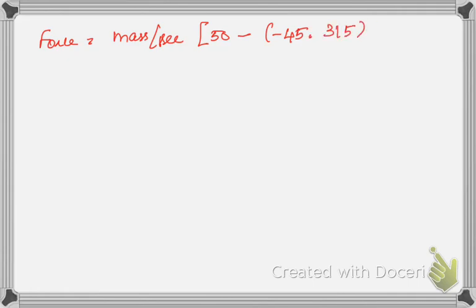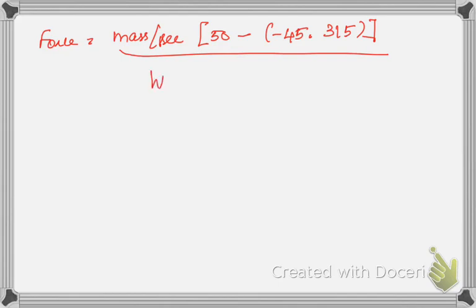Next, we have to determine our force. Force is equal to mass per second into initial velocity minus final velocity. My final velocity is minus 45.315. Again, in the problem it is given to us per unit weight of flow, so we have to determine the force per unit weight of flow.